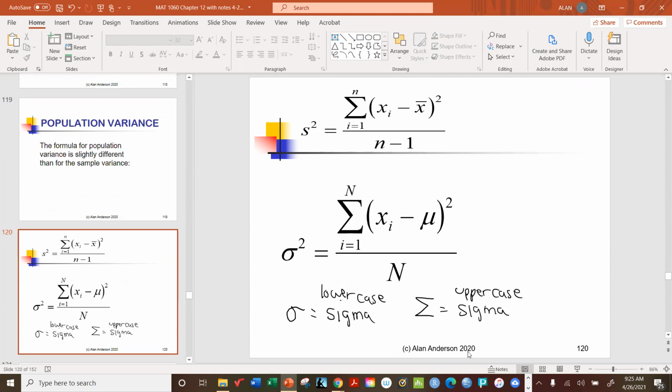So they're both sigmas. One is the upper, and the other one is lower. Then here's our old friend mu, our population mean. And of course, remember, capital N is the population size. And that's true here too.